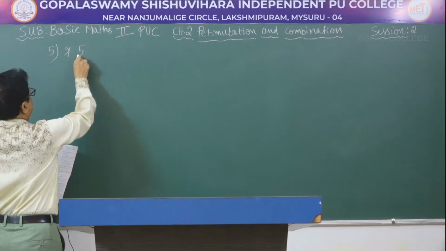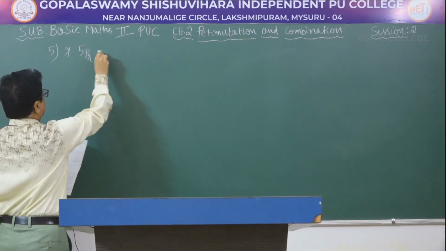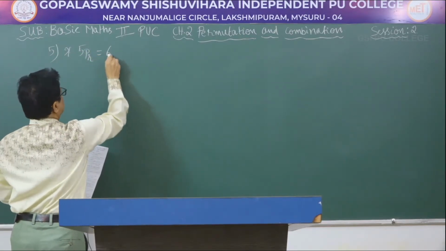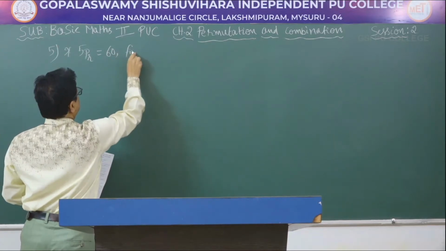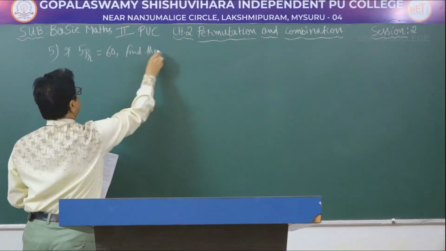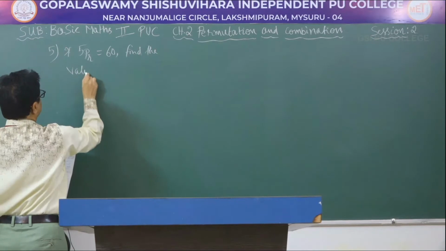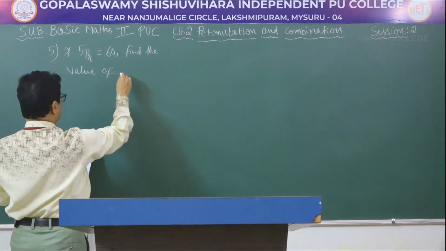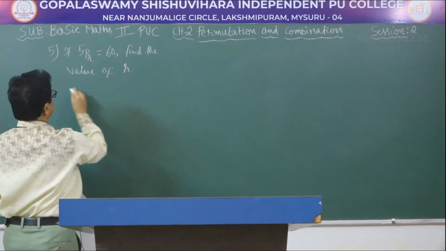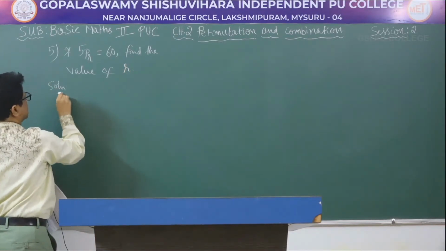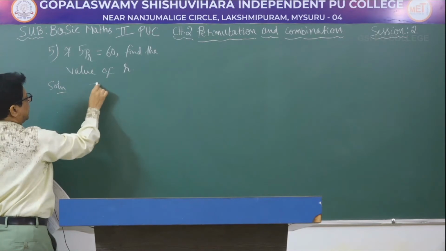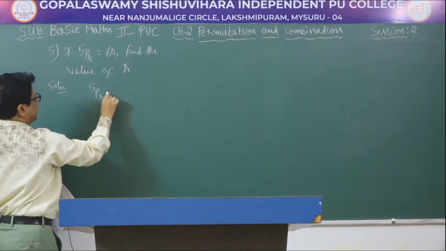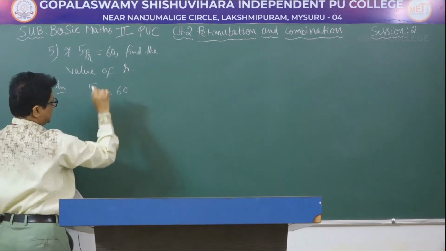If 5Pr equals 60, find the value of r. Solution. The data given here is 5Pr is equal to 60.